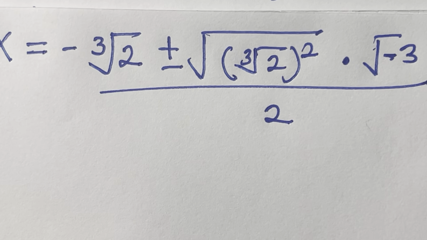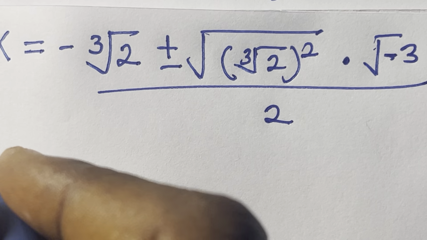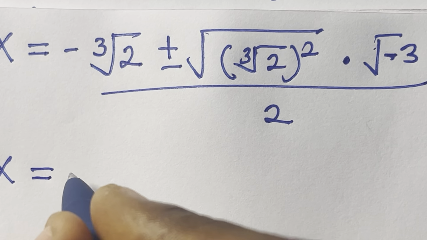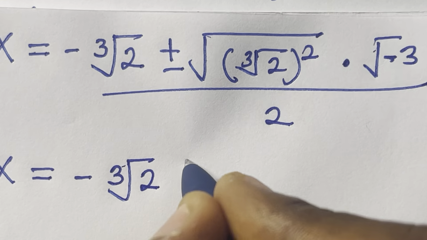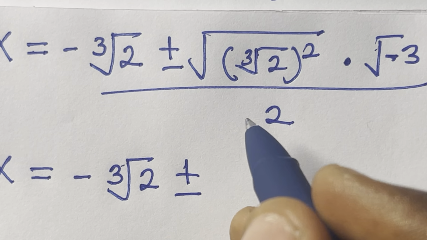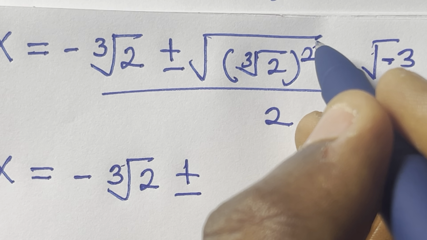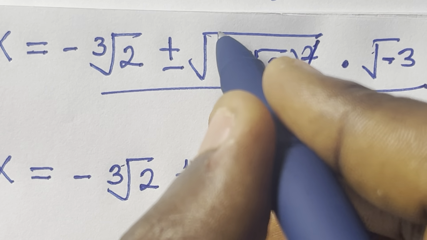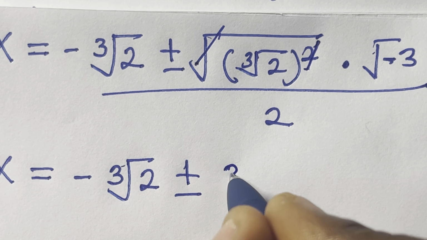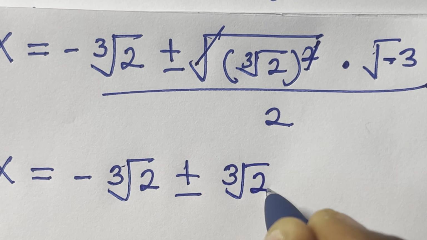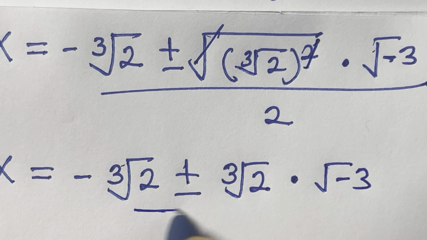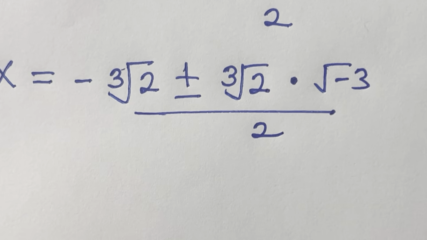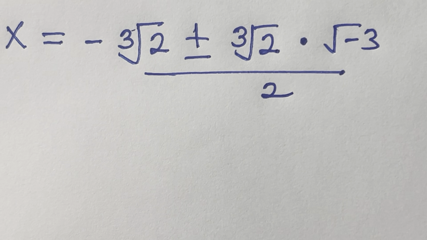So from here we'll have x equals minus cube root of 2 plus or minus cube root of 2 multiplied by square root of minus 3, divided by 2. All right, guys, we move forward.